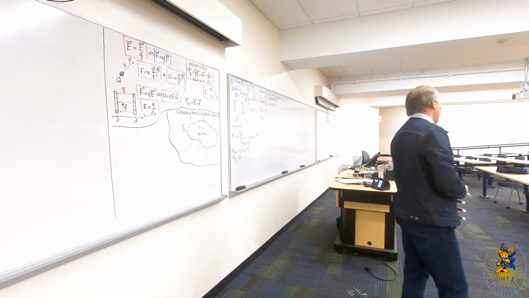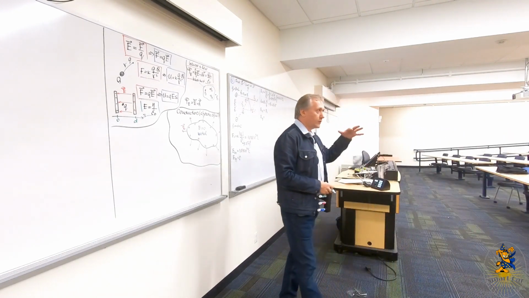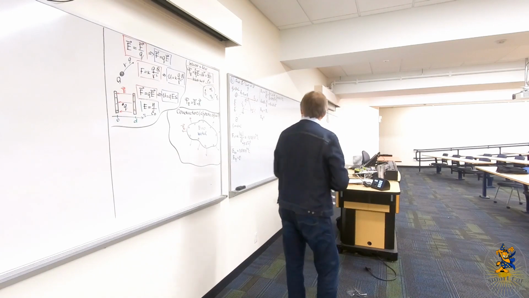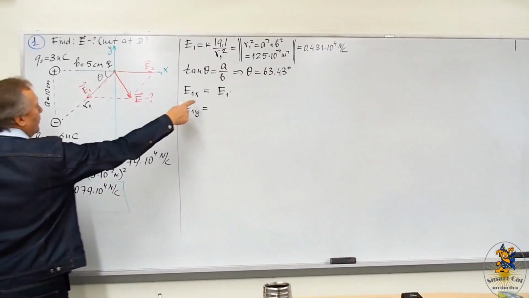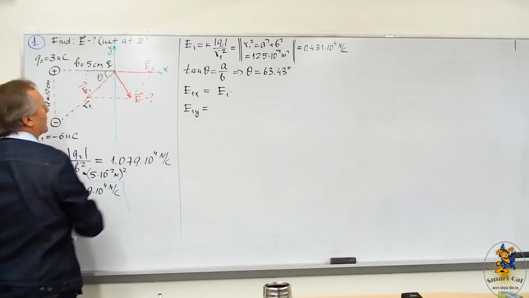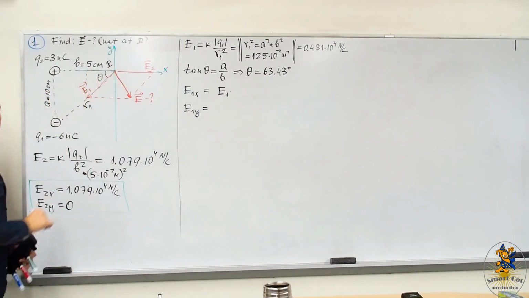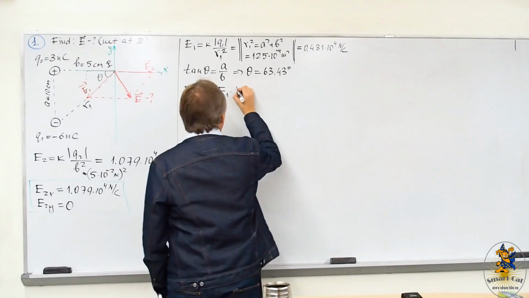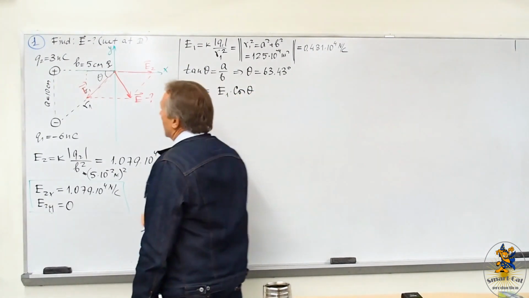And again, on the exam, look at the formula sheet. Since x component is adjacent to the chosen angle theta, the cosine function must be used. E1 times cosine theta.